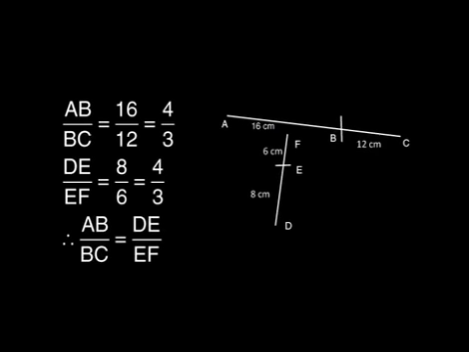Now, let's prove that this is true using numerical values. For example, AB divided by BC is equal to 16 divided by 12, which if we simplify is equal to 4 divided by 3.